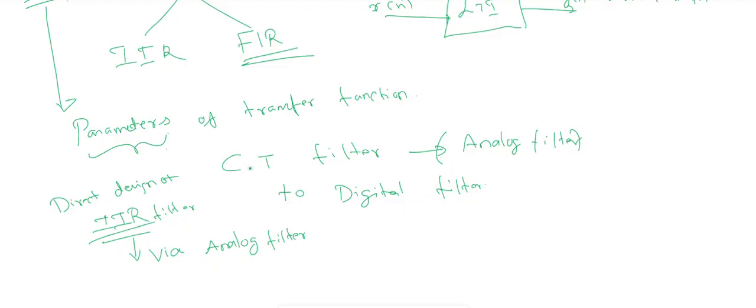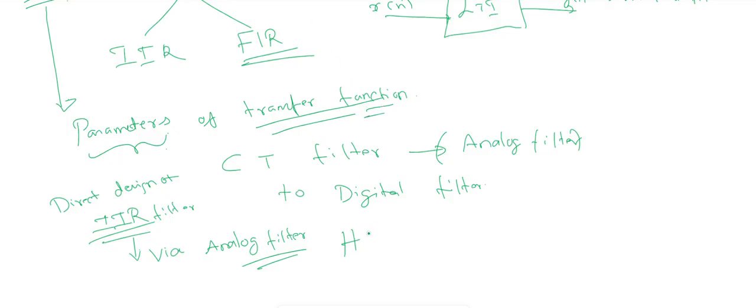So in the digital domain, you know what the transfer function is and what the parameters are. In the direct digital domain, the processing of an infinite impulse response is not possible. Therefore, IIR filters are designed via analog filters. So what are analog filters?